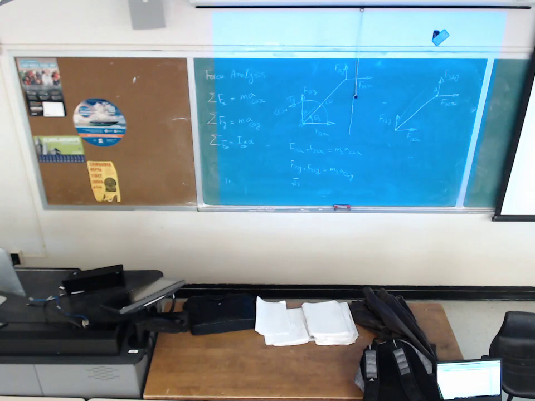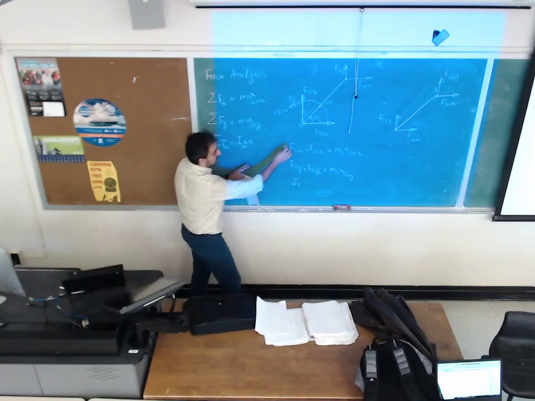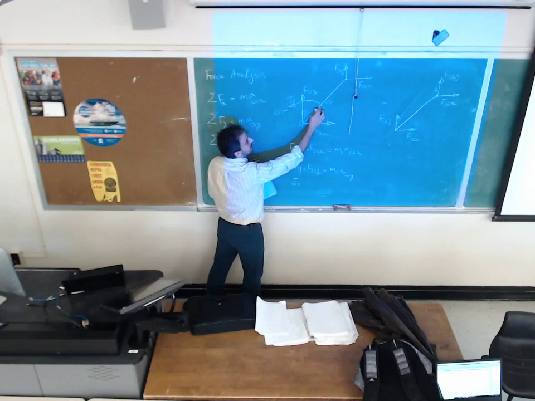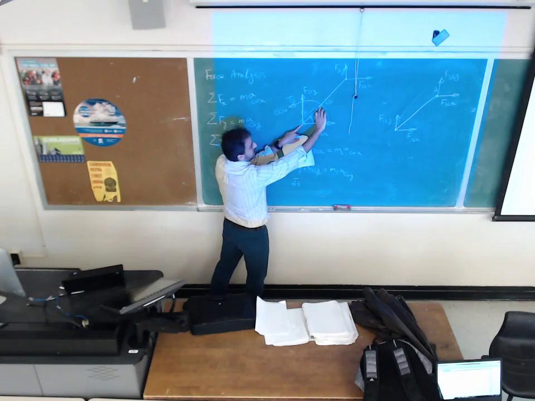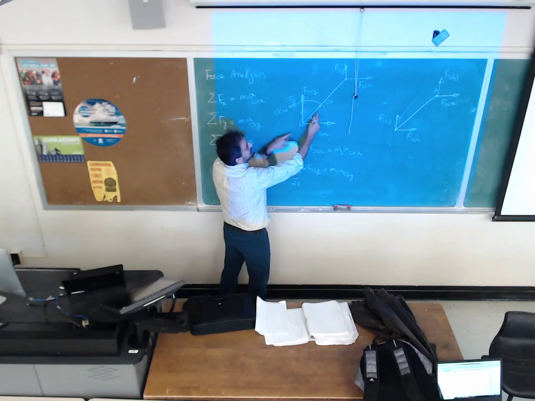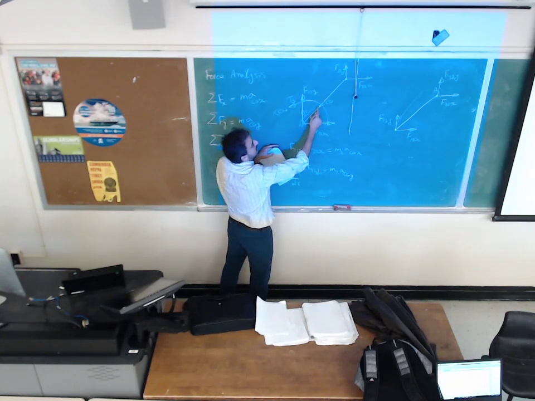Exactly, this force is going to make torque with respect to center of gravity because it has a distance in Y direction with respect to center of gravity. This force is going to make the rotation or moment about center of gravity because it has this distance in X direction from center of gravity.